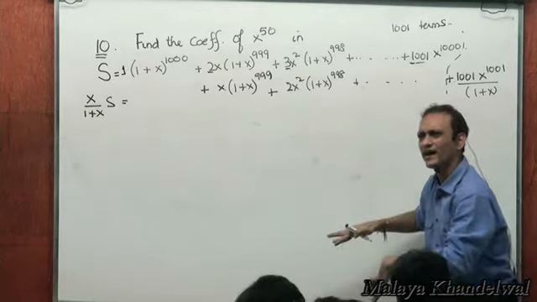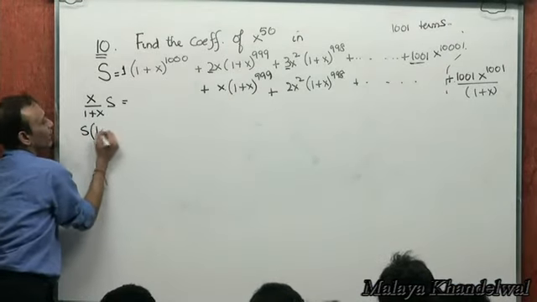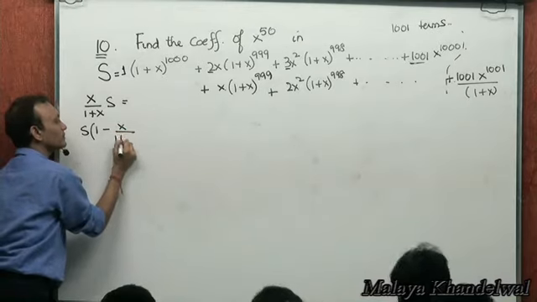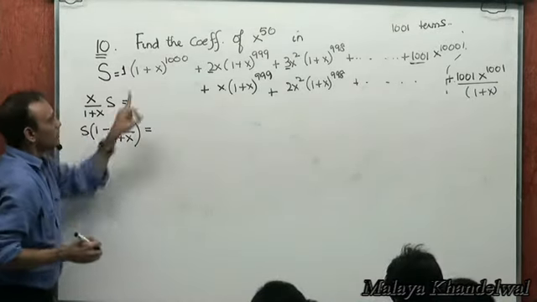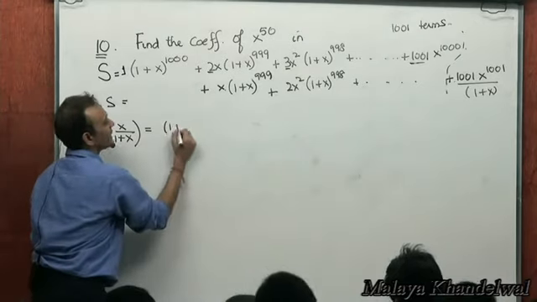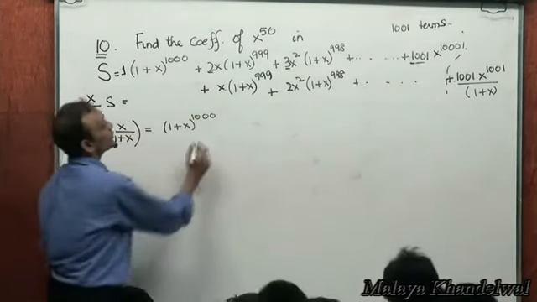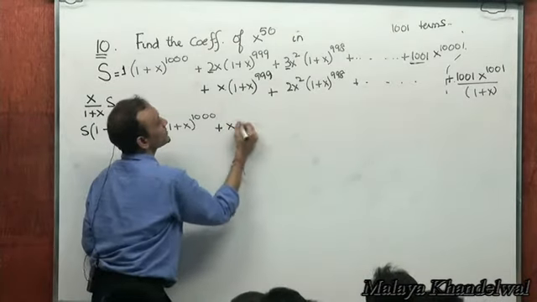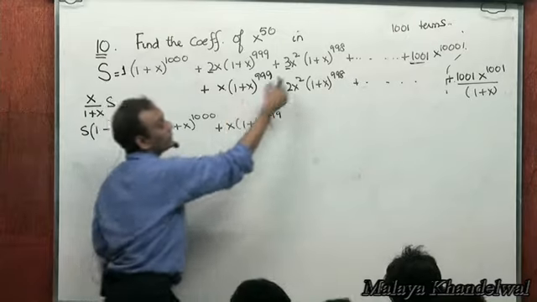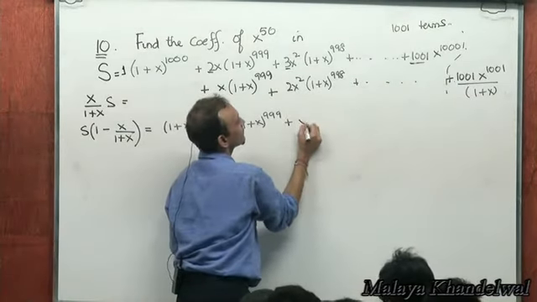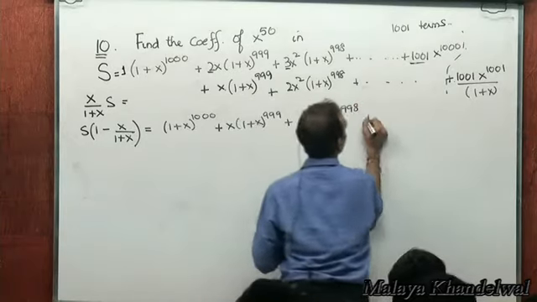Let me subtract as we've done conventionally. When I subtract, s into 1 minus x by 1 plus x will be 1 plus x to power 1000 minus x into 1 plus x to power 999 plus x square into 1 plus x to power 998.